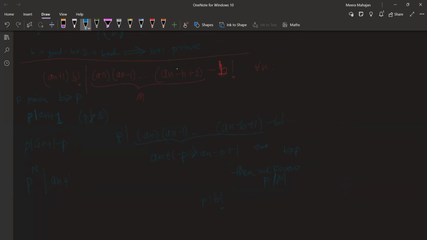Now we are just going to work with P dividing both of the sides. Call this side the left hand side and this the right hand side. We know that VP of the left hand side should be at most VP of the right hand side. So if we somehow bound VP of RHS by picking some N, that would be nice.